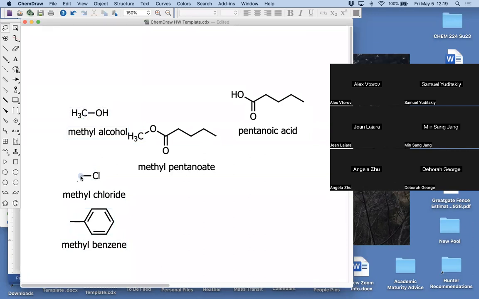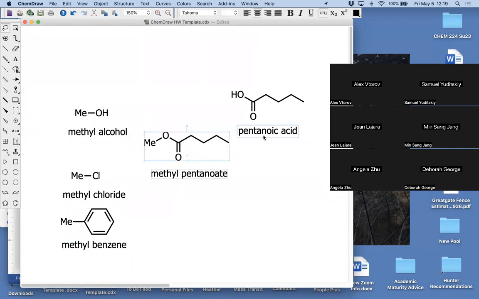So it's that methyl that's a substituent that is the methyl used in the ester name. And then the pentanoic acid changes form to pentanoate.